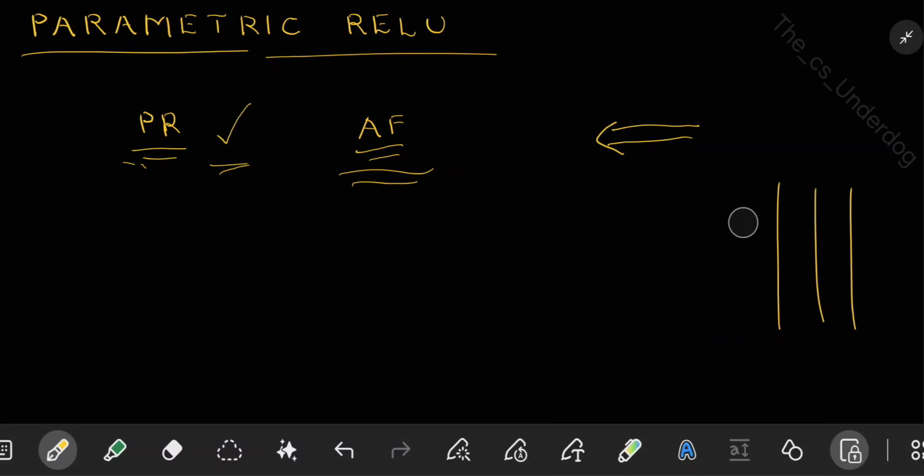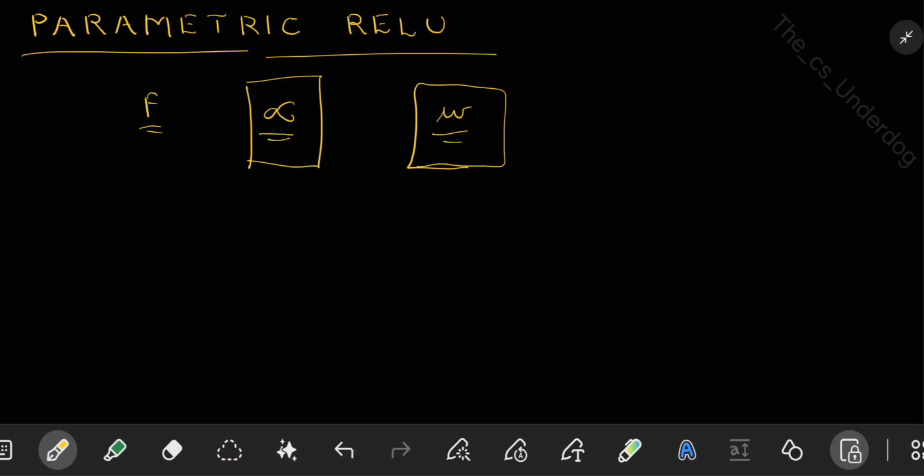The core idea behind the Parametric ReLU activation function is this. Instead of having a fixed parameter alpha, you will keep this alpha open for the network to learn. The same way your neural network learns different weights, the coefficients in each neuron, which is the main task of this neural network, we will let the neural network also learn this parameter alpha.